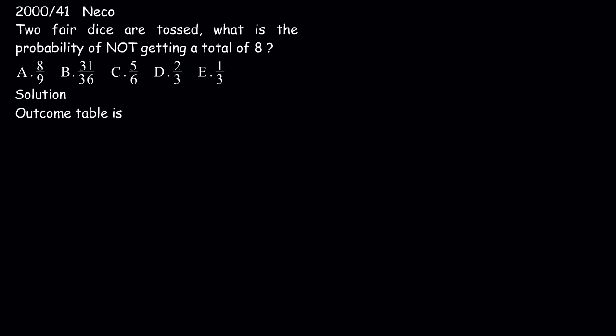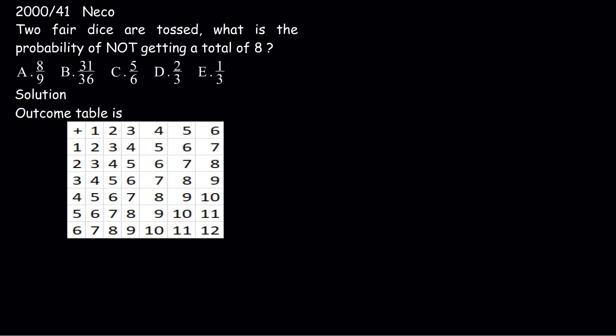We have another question from NECO. It states that two fair dice are tossed. What is the probability of not getting a total of 8? Now our first step is to construct our addition table, and when we do that, we get the table as shown on the screen. Now the probability of not a total of 8 will be equal to 1 minus the probability of getting a total of 8.